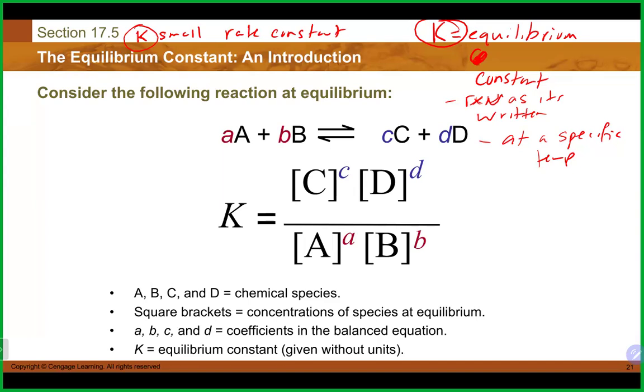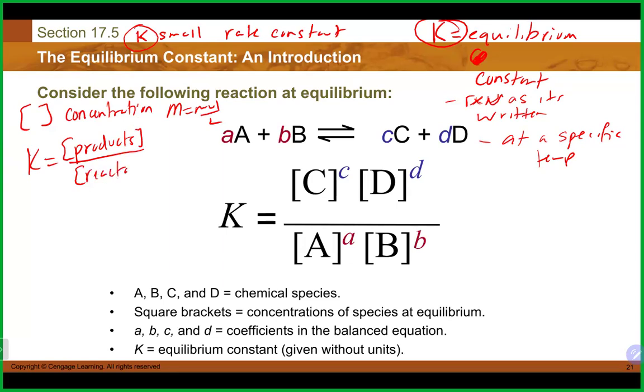How do we calculate the K? As I mentioned earlier, when you see these brackets, that is concentration, and that is molarity, pretty much. K is calculated as the concentration of your products divided by the concentration of your reactants. We also take into account the coefficients in the balanced equation.